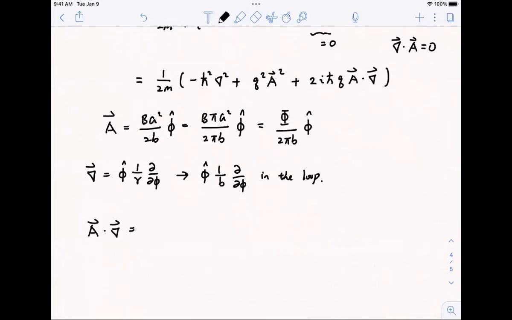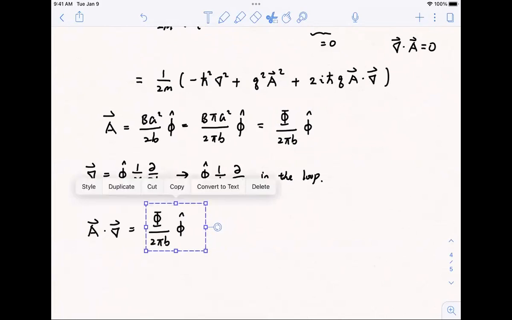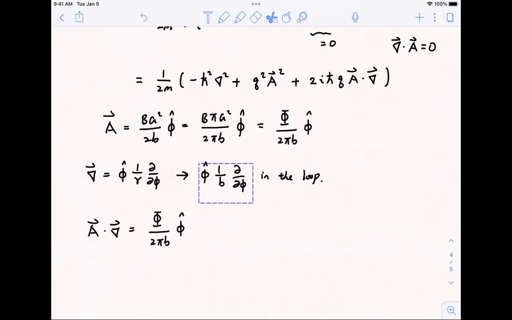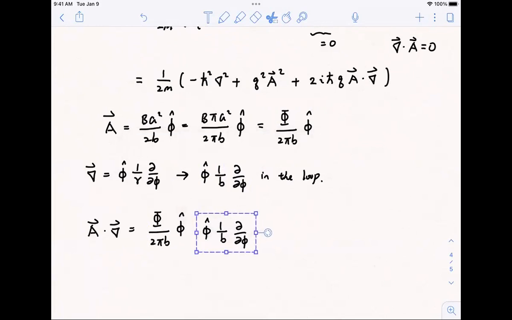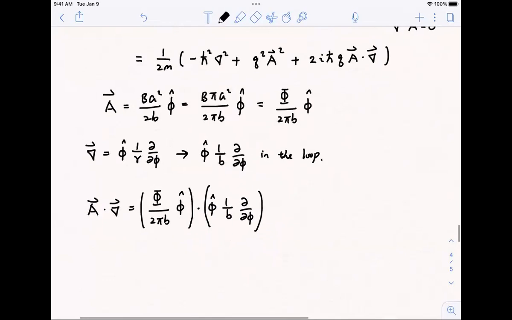Then you just take this and take this, and you just dot.